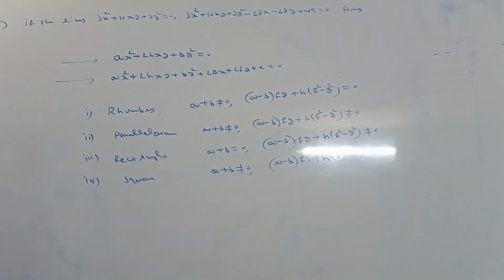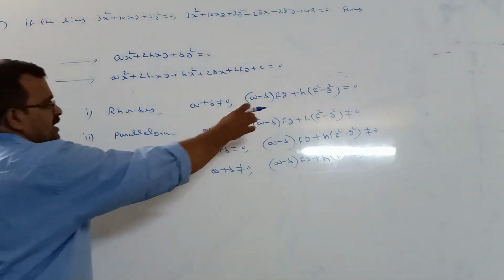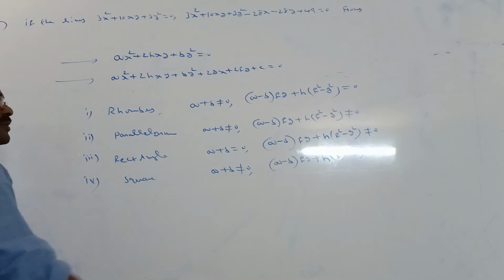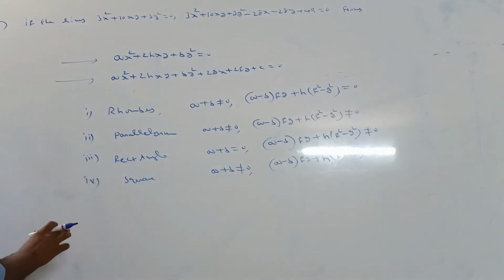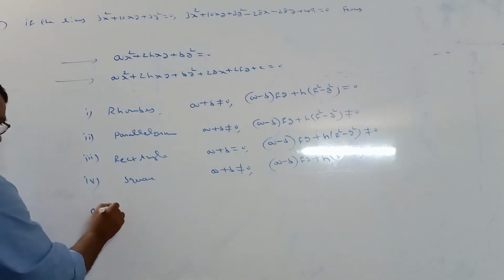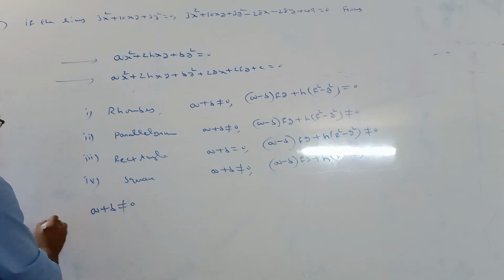By using this synopsis, according to theory, we had this condition, the product of the slopes concept, and got this condition. For our question, a + b is not equal to 0. See the solution: a + b not equal to 0. Why?